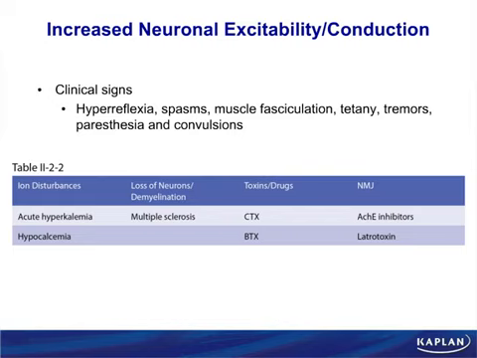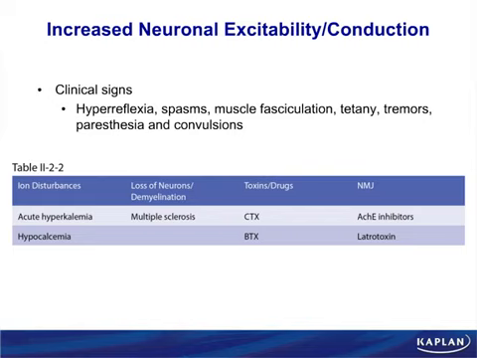Now, it could be demyelinating. If they said the word demyelinating and they said spasms, hyperreflexia, bam, just jump on it. Multiple sclerosis. Okay, it's demyelinating CNS. Some drugs that will increase the duration of the action potential are drugs that block inactivation. Ciguatoxin, batrachotoxin, CTX, BTX.